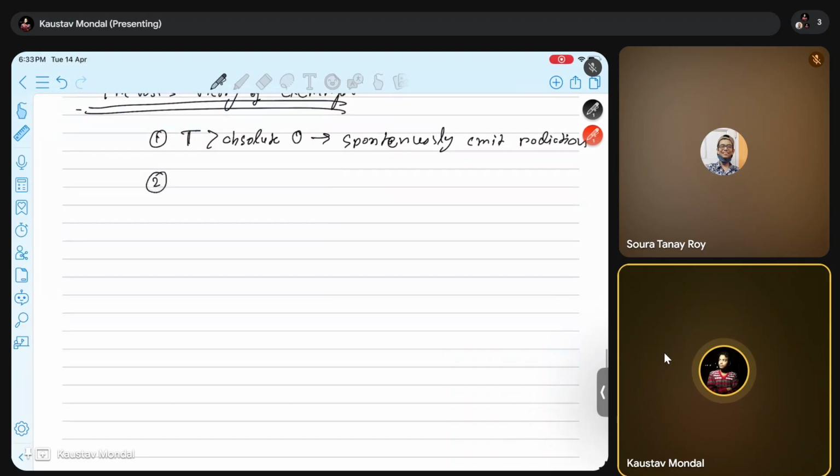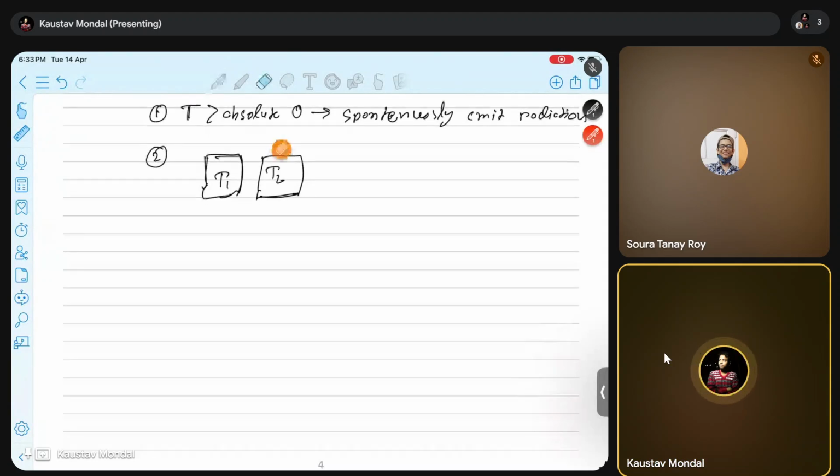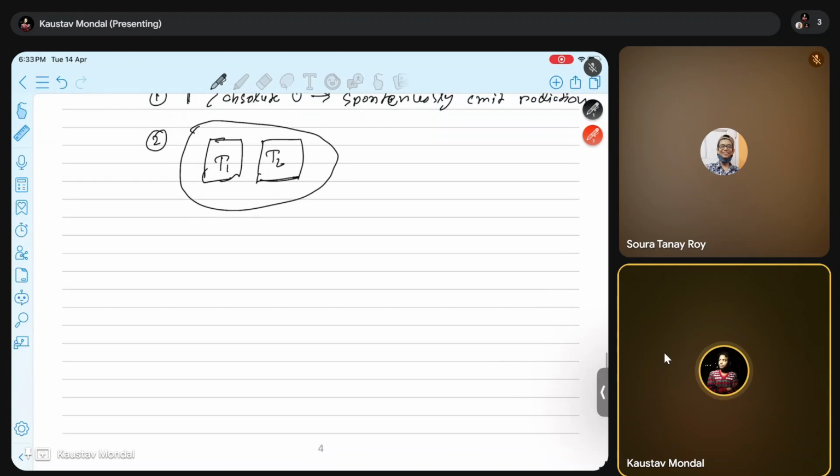Second, suppose there are two bodies, one at T1 and one at T2, both in an enclosure. That means it's isolated from the rest of the universe. Suppose these two bodies are in thermal equilibrium with each other.